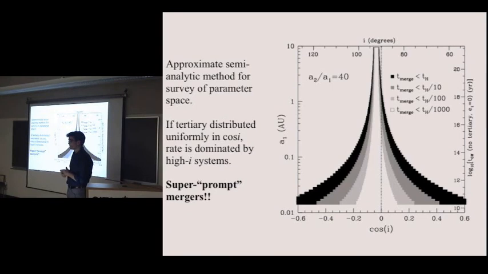What happens if you have A2 over A1 of 400? At 400, it shuts off. The whole mechanism stops at 400. Basically, the Kozai time becomes very long, as the cube of the ratio.